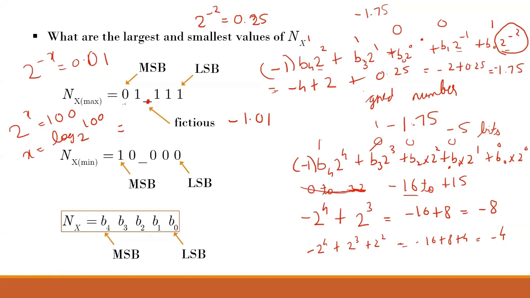So I give that value 0 and all the rest I give 1. It will be approximately 3 point, this will be 0.125, 0.5, 0.625. I think it will be around 3.875. The maximum value will be 3.87, and the minimum value will be minus 4.